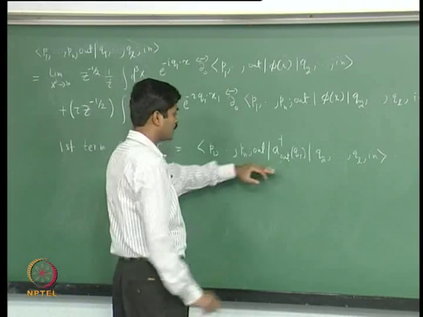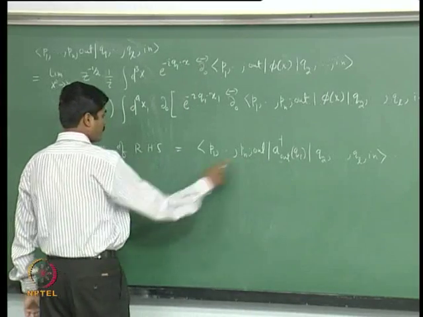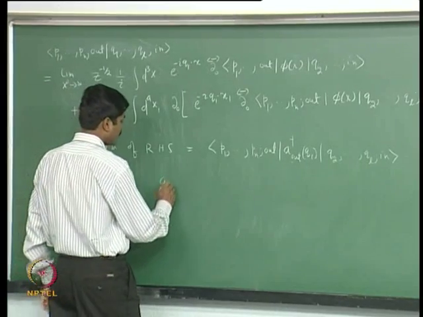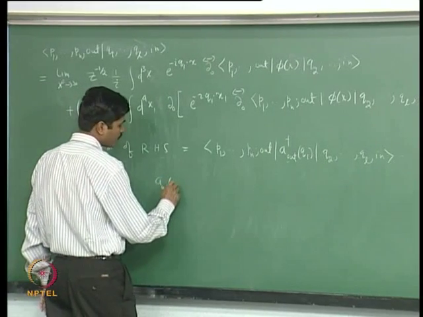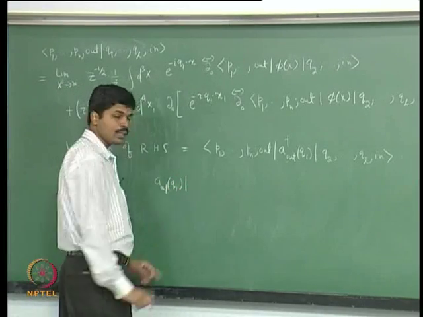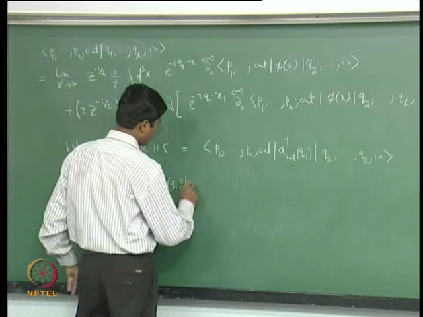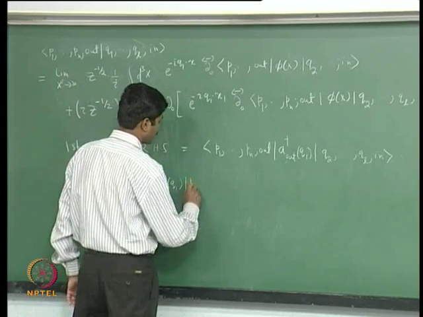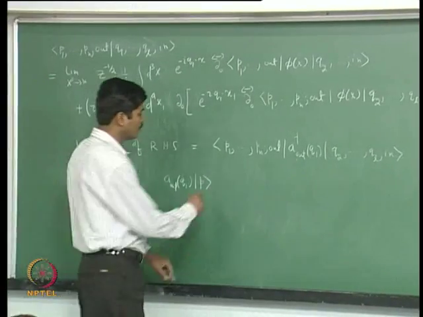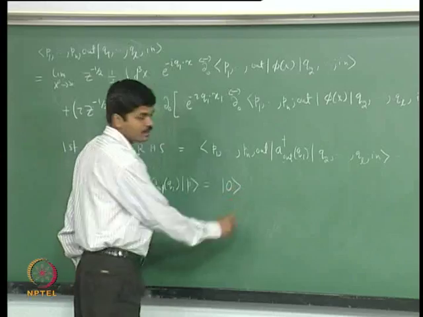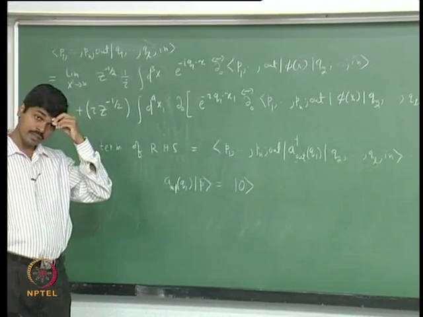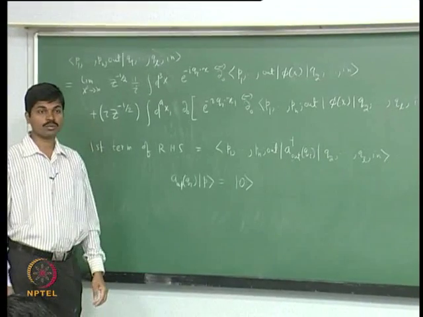To do that, let us consider the conjugate of this, which is what you get when you consider a state a out of q1 and you act on a one particle state. Let us say this is some one particle state of momentum p. Will you get simply the vacuum, or you will get something else?